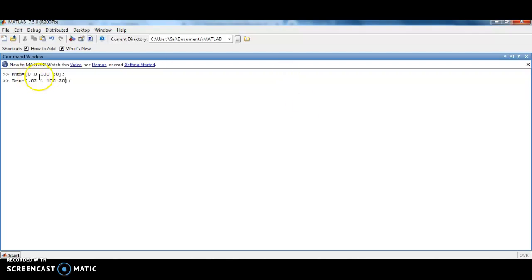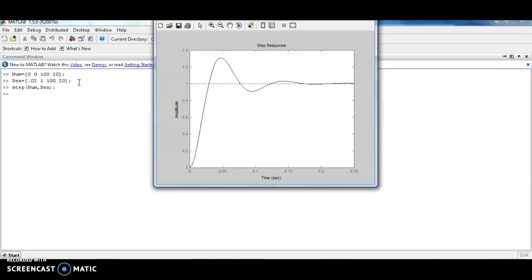Here s cube, s square, s and s raised to 0 terms are there. The numerator is 100s plus 20, so the other terms keep as 0. Then the inbuilt command step, numerator comma denominator, and you get the response.